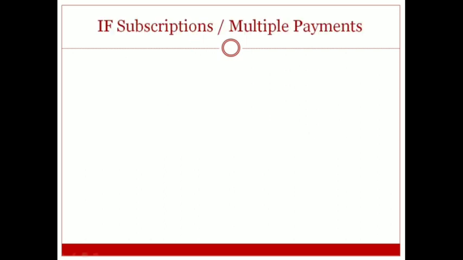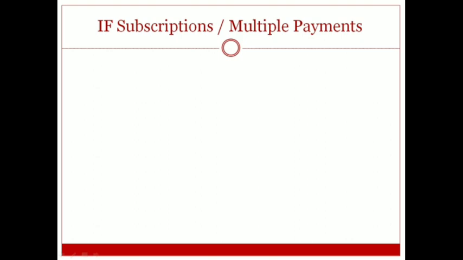Now, if your product is a subscription, then you can listen to this. Otherwise, you can fast forward to the next slide. So if you're charging, let's say, $17 a month, or you have a high ticket product that, let's say, is $497, or let's say $1,000, and you can break it up into different payments.